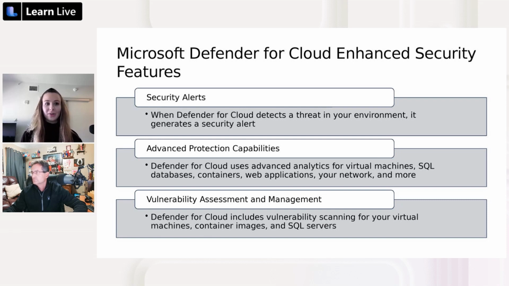Even cooler, which I don't know how much I should actually be talking about, and we have other videos at Ignite where we discuss this more, we are also reimagining the vulnerability assessment experience to show you where your most risky vulnerabilities are. So if you have a remote code execution on a virtual machine that's exposed to the internet, and that virtual machine also has a managed identity with permissions to Azure Key Vault, we're showing that to you on an attack path so you can narrow down what is most critical to resolve.